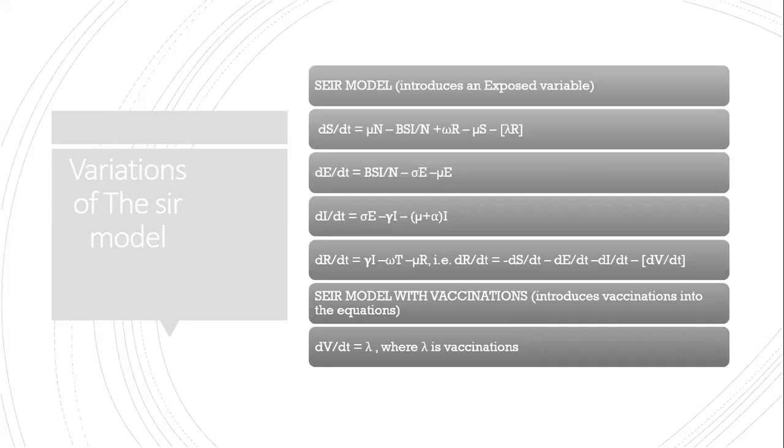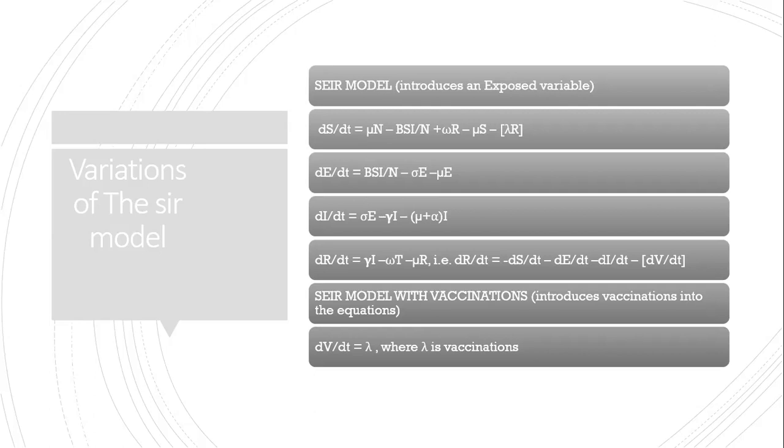Some variations include the SEIR model, which is just like the SIR model, but it includes another variable, which is E, the exposed variable. Basically, you start off in the susceptible population, and then you get exposed to the virus.